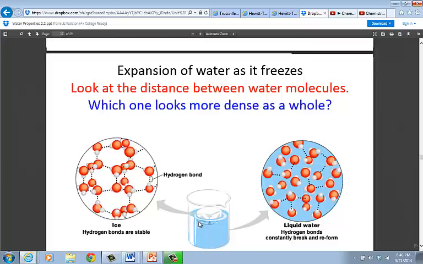It's because of this property: right before water freezes, it expands out, and when it does so, it's less dense at that point than the water. So it condenses down to 4 degrees Celsius.